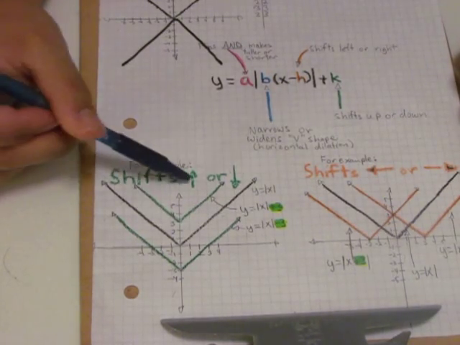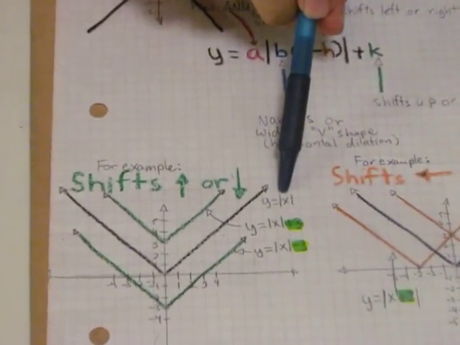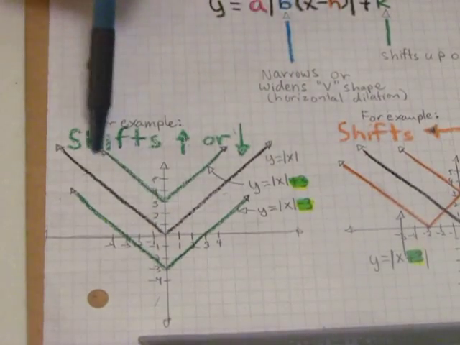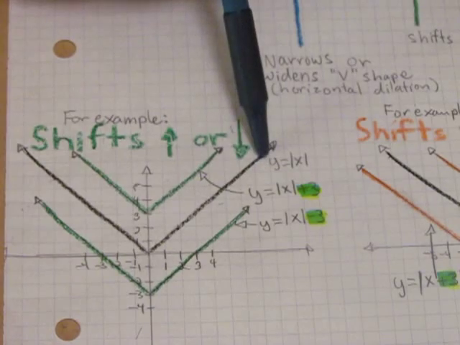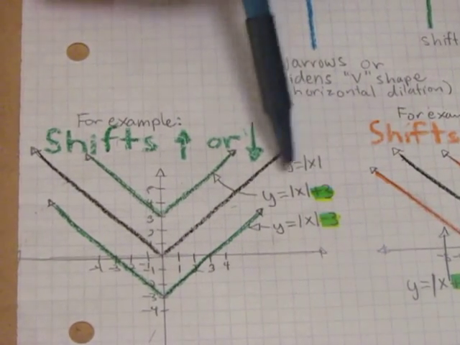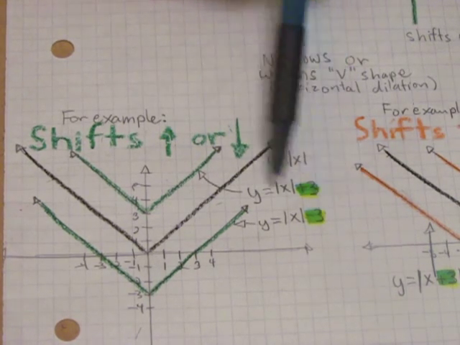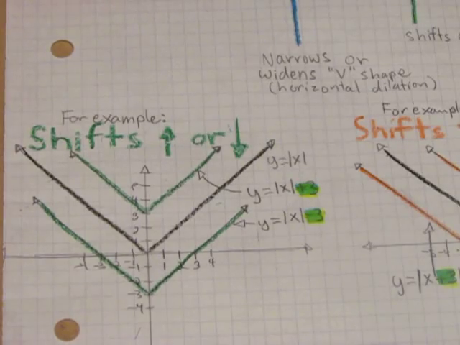Now I put shift up or down, and once again I started with y equals the absolute value of x. I use this because, once again, this is the parent function, the original function. Now what I have highlighted here is a plus 3 and a negative 3. We're taking y equals the absolute value of x and we're adding 3.